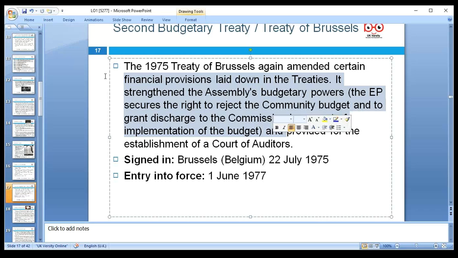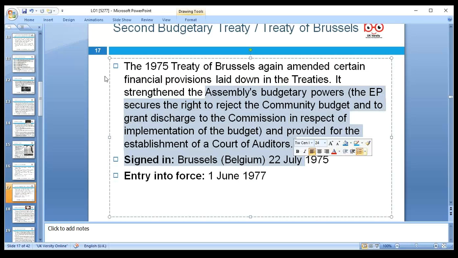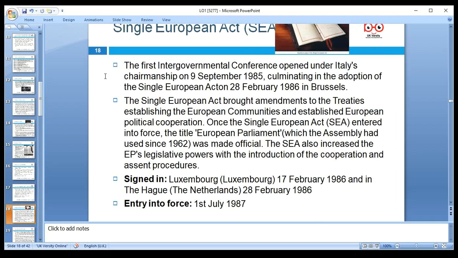Yes. The second Budgetary Treaty is 1975, and you will see the enforced date, and the purpose is all about harmonized systems and strengthening the European Union.